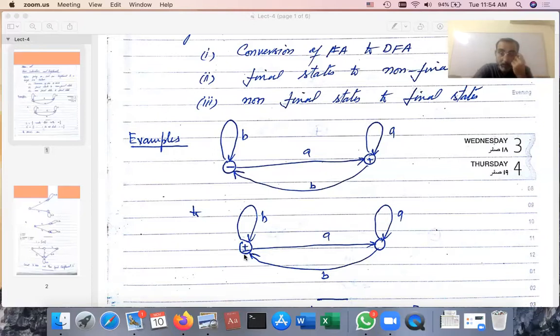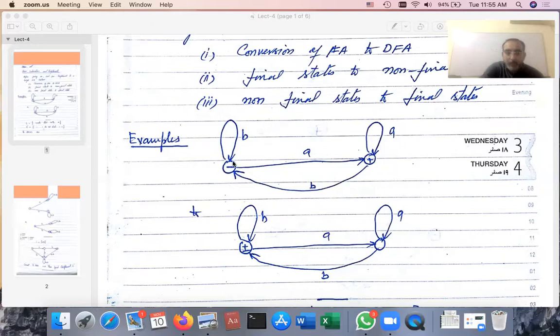So I don't have to remove the initial state status. I have to keep that status as it is, but I have to put the plus symbol here. So now this is my initial state and this is also my final state. Now my three steps are complete, and this is the complement of this FA.